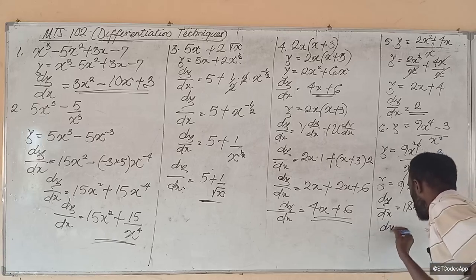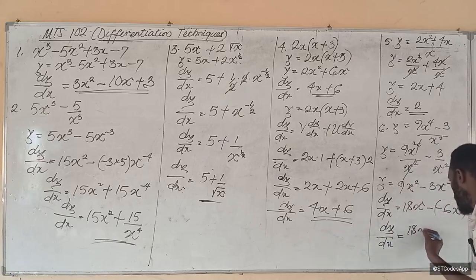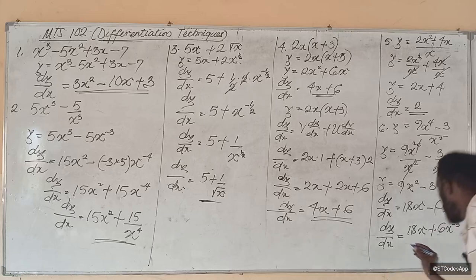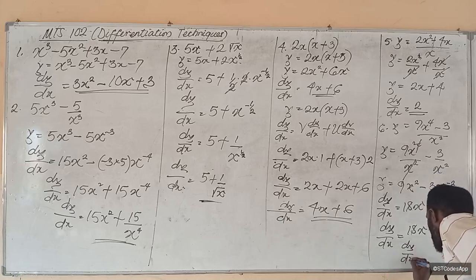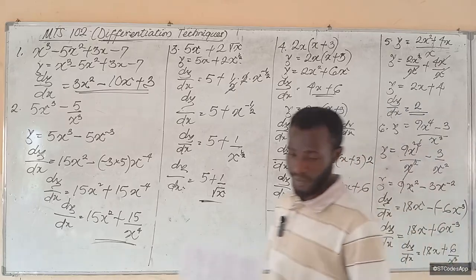Okay? So dy dx will now be equal to 18x plus 6x raised to the power minus 3. So dy dx will be equal to 18x plus 6 over x raised to the power 3. And that will be the answer.